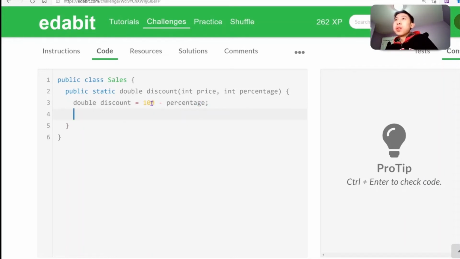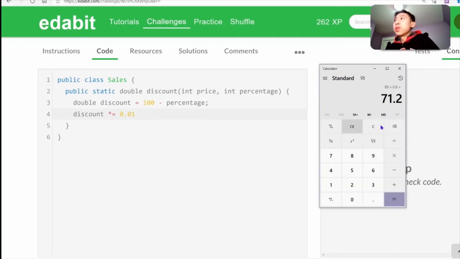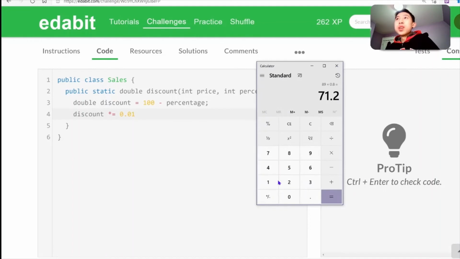and then from there, we're going to take the discount, and we're going to multiply this number by 0.01. So 0.01 is the number 100 minus the 20, so 80.